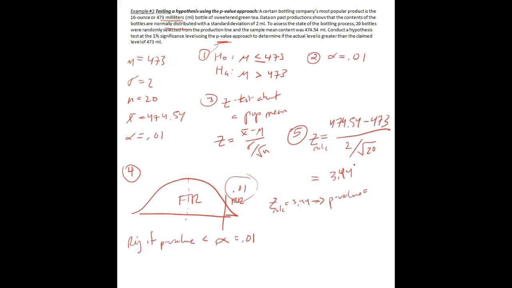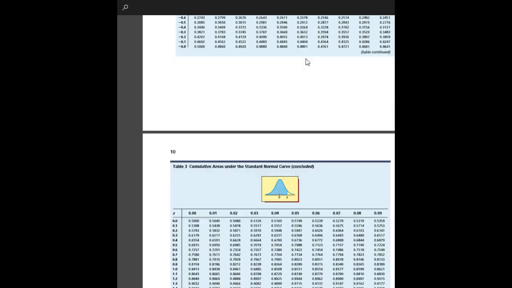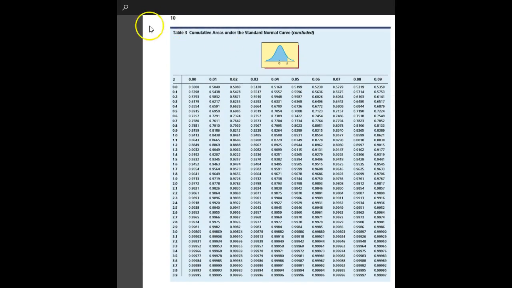We go to our z-table and we're going to find this z-value of 3.44. So we march down here to 3.44. What is our probability in here? Well, that is 0.9971, and that stands for the area to the left of that z-value.